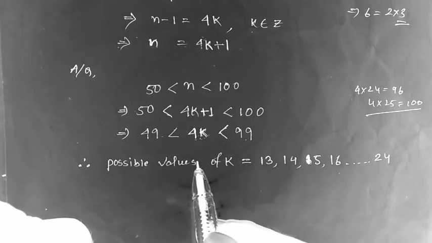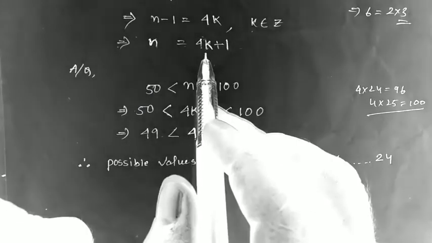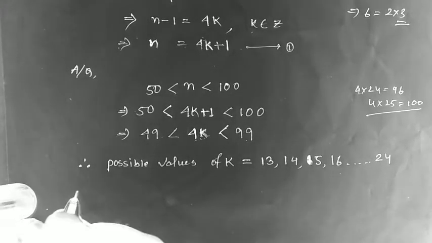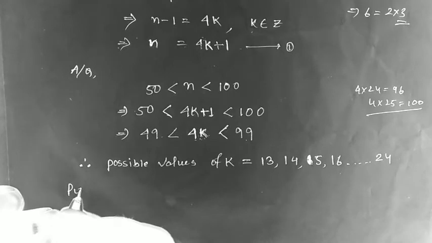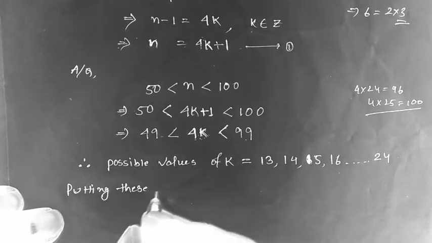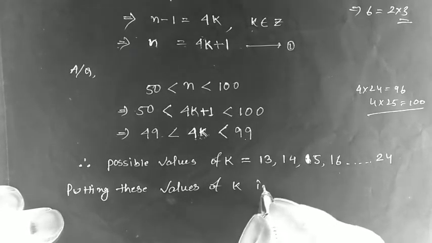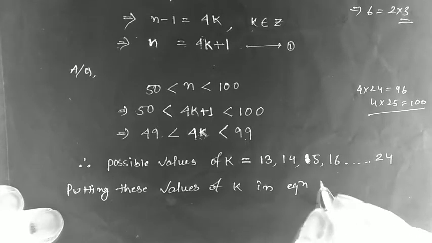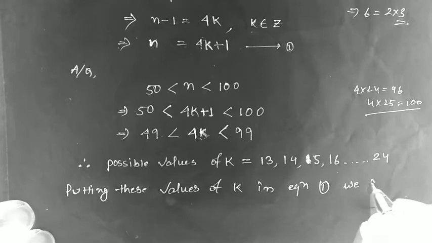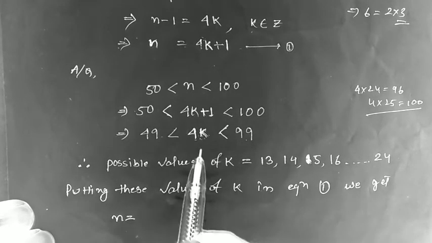So as we got the values of k, we can find the values of n by putting them in equation 1. Putting these values of k in equation 1, we get n equal to, what will be the first value of n?